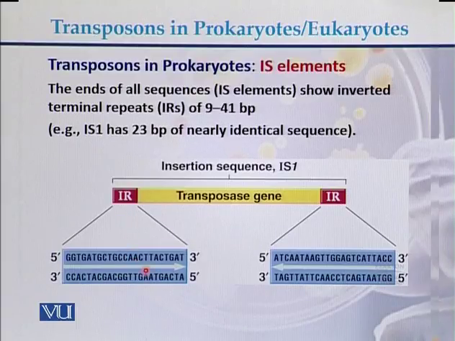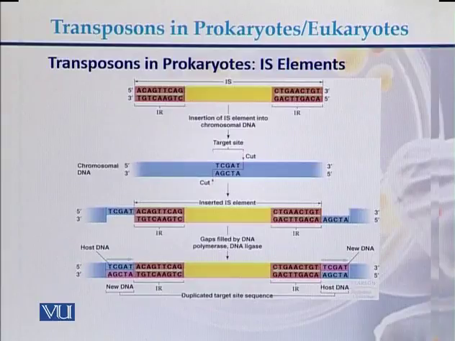These are the inverted repeats, GG, TGA, and so on, and the same here, GG, TAA, and so on. So on both ends of IS elements there are inverted repeats flanking a transposase gene.